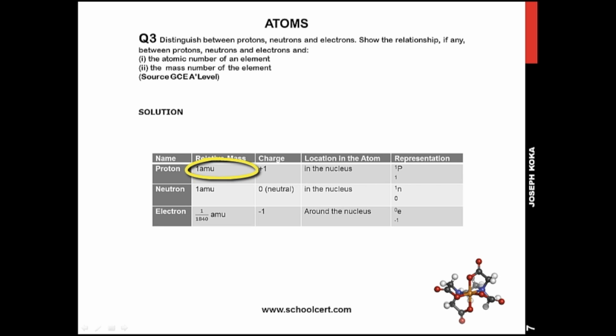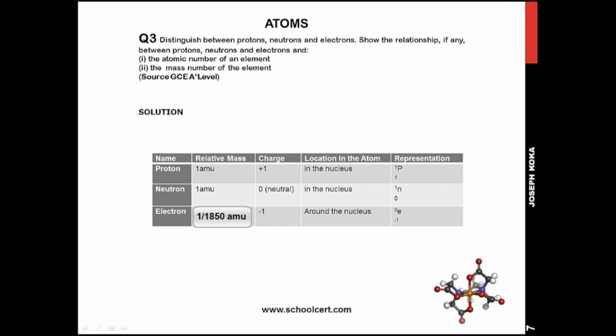For neutron is also 1 atomic mass unit, that is AMU. And electron is 1/1850 atomic mass unit. The charge is +1 for proton, 0, that is to say neutral, for neutron, and electron has a charge of -1.